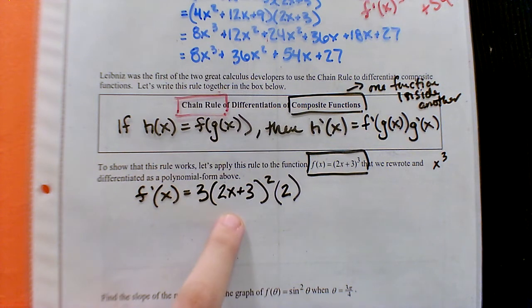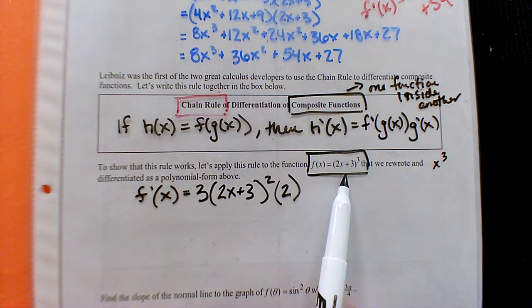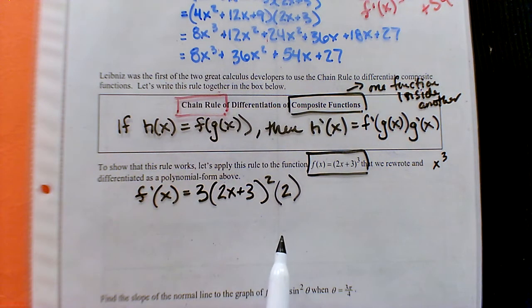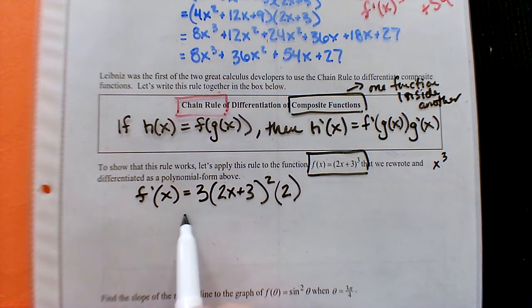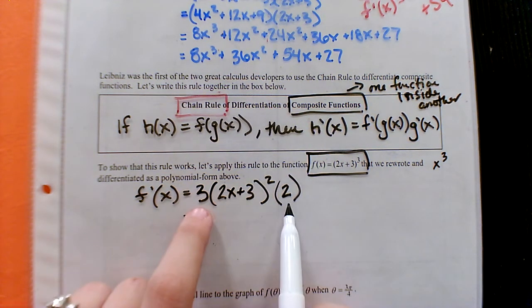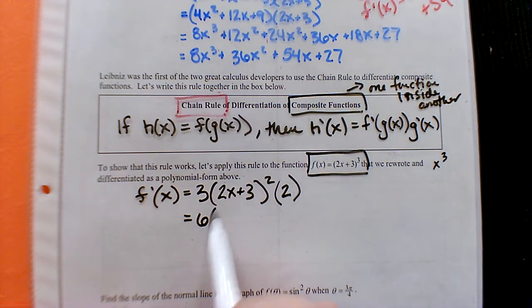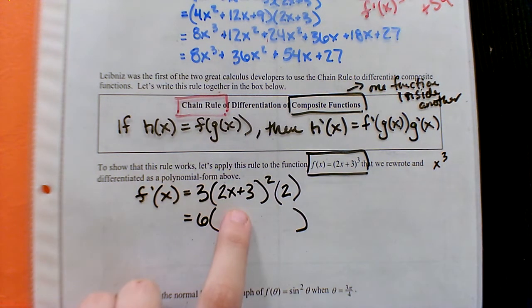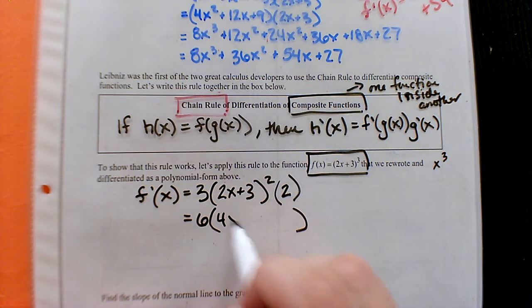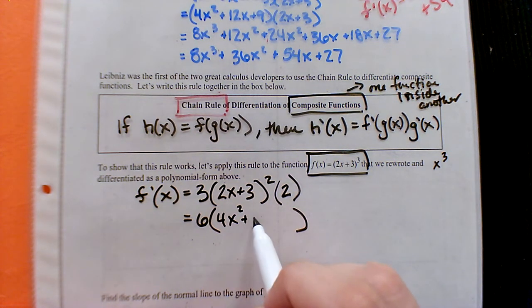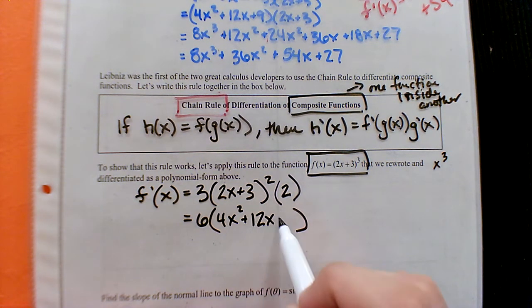So what we're going to do is clean this up, because technically this is the same equation we did at the top, so we should get the same derivative. Let's see if that's actually happening here. So we can combine the 2 and the 3 maybe to get a 6. And if you were to FOIL or distribute 2x plus 3, you get 4x squared plus 12x plus 9.